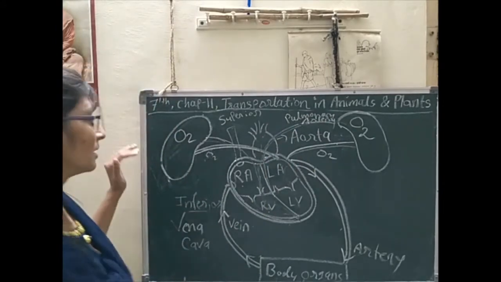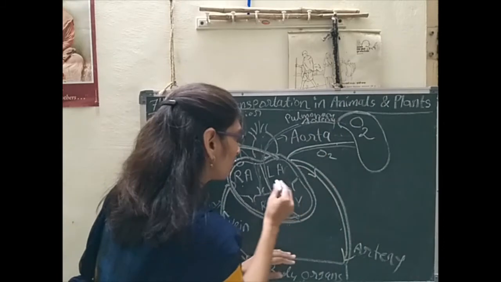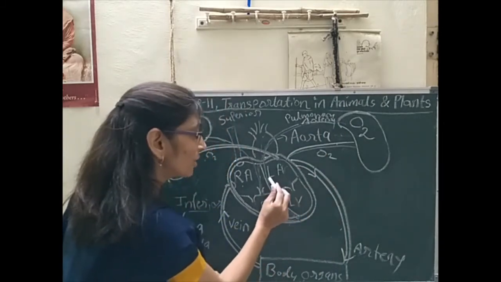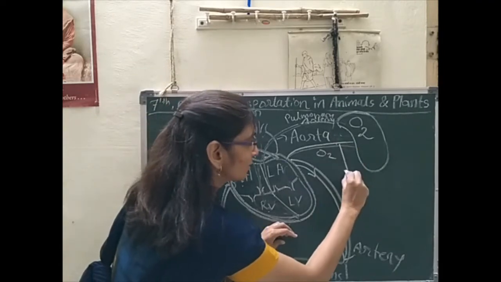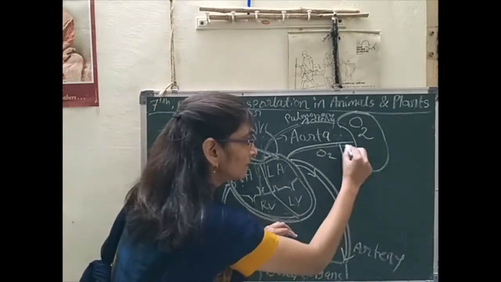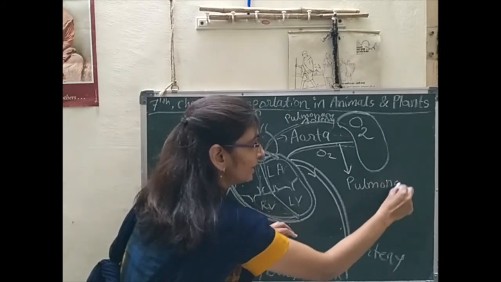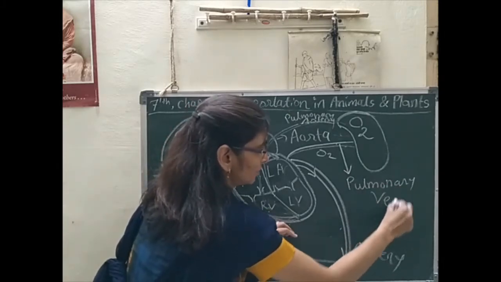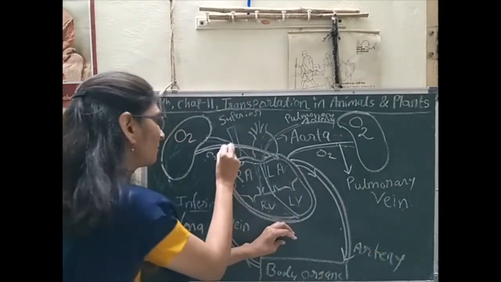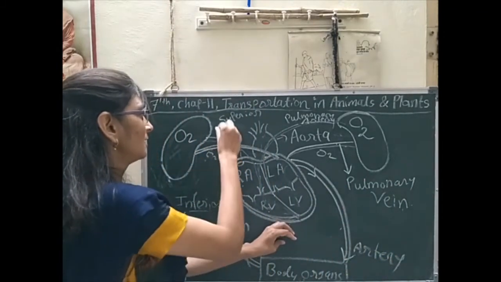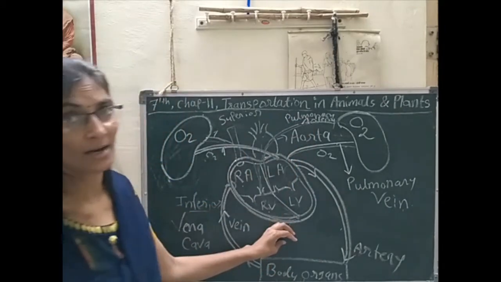And the vessel carrying oxygenated blood towards the left atria is known as the pulmonary vein. So this is also pulmonary vein and this is also pulmonary vein. This is pulmonary artery, this is pulmonary artery.